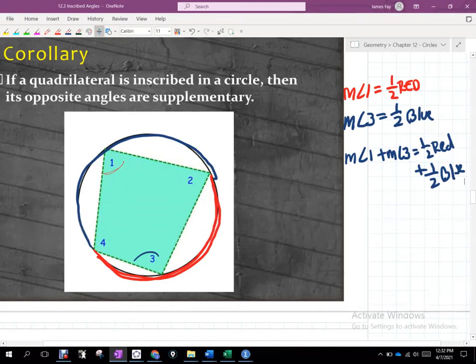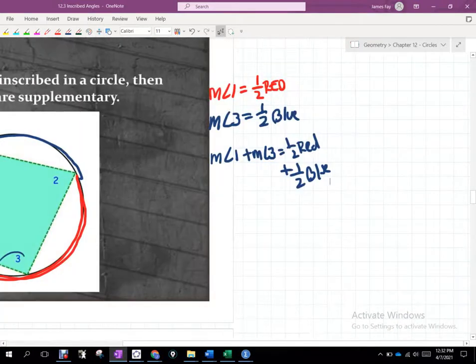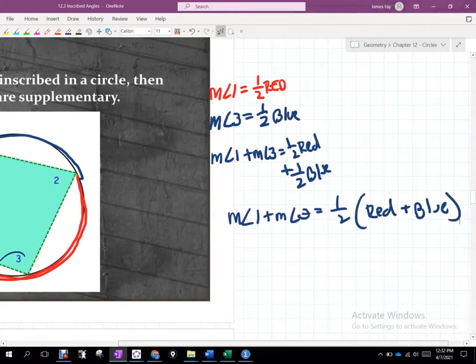What do both terms on the right-hand side of that equation have in common? They have the 1/2, right? So the measure of angle 1 plus the measure of angle 3 equals 1/2. I'll factor that 1/2 out, and I get red plus blue in the parentheses. Look at my picture.